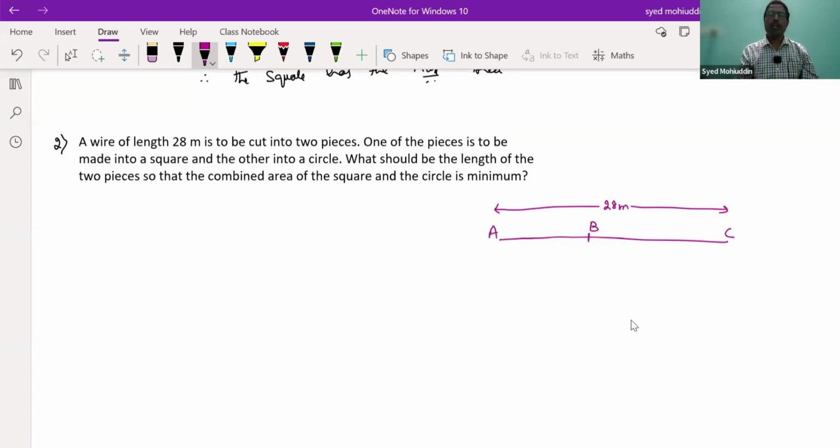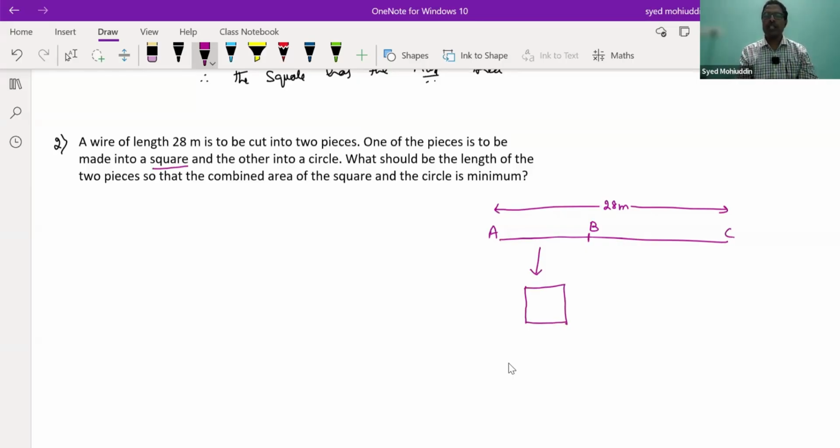So what should be the length of two pieces so that the combined area of the square and the circle is minimum. So I'll be taking this AB part, and let me prepare either a square or a circle out of this one. Suppose I'm preparing this as a square, so using this I'm trying to prepare a square, right?